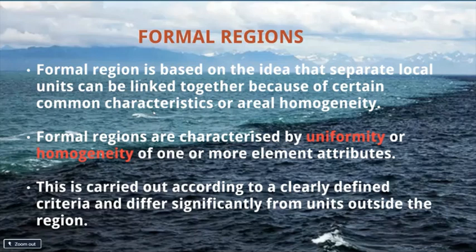So we can classify them as one region based on the vegetation characteristics. And so the key point is that formal regions are characterized by uniformity and homogeneity of one or more attributes.